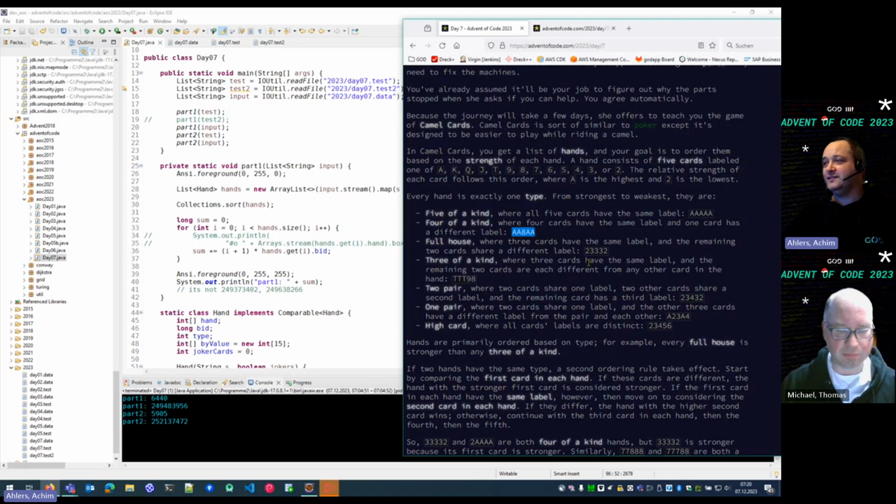Then 4 of a kind, the full house, 3 of a kind, 2 pair, 1 pair. And if we have all cards distinct, then we have just the highest card that might win the day or not.